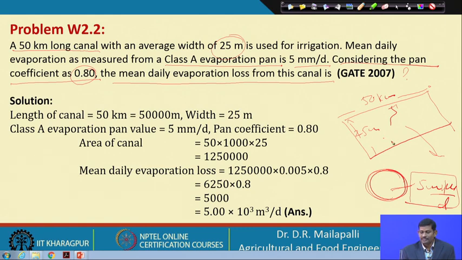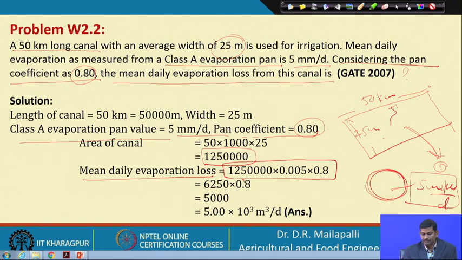Knowing the evaporation from the canal and its area, you can find out how much water you really need to deliver from the canal so that it can meet the irrigation requirement. So, the length of canal, the class A pan 5 mm, the pan coefficient, and the area of canal give the mean daily evaporation loss.